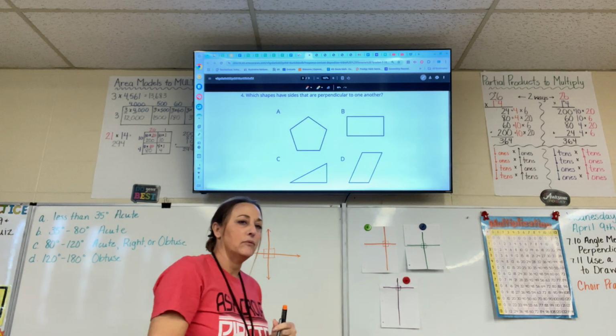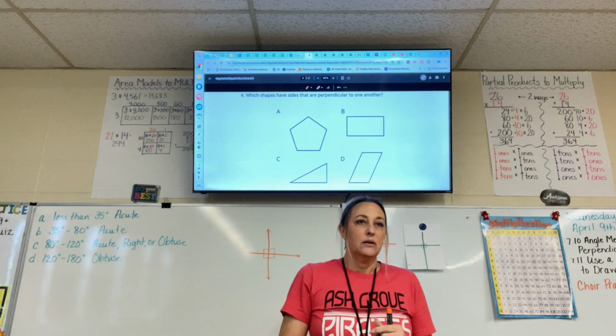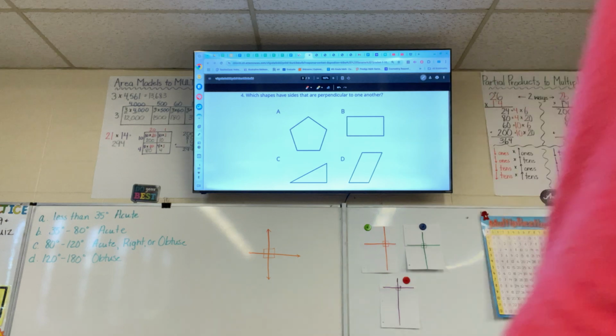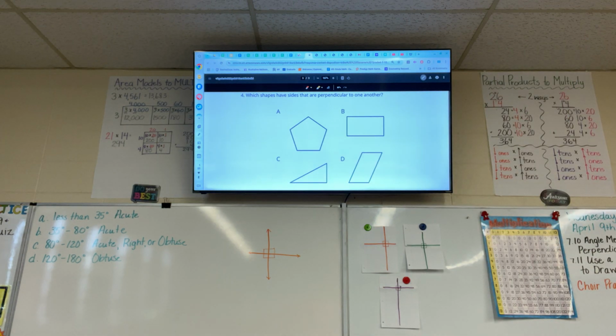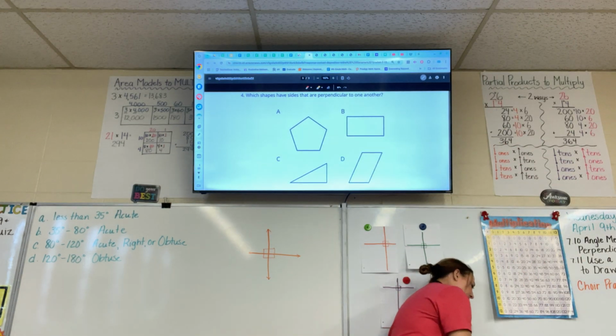No, thumbs down. Any right angles? Yes or no? Colton, where do you see a right angle on A? Show me on your paper. There are no right angles on A.